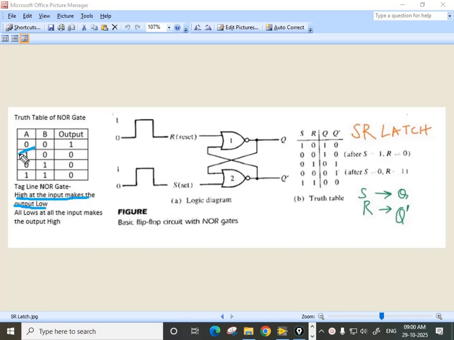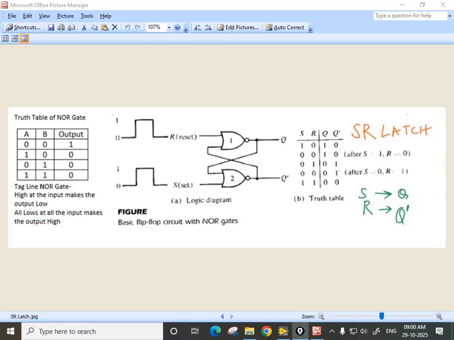So high at the input, this one, this one, this one, they make the output low. This is the first tagline. The second tagline is that all lows at the input make the output high. So these two taglines we have to remember.